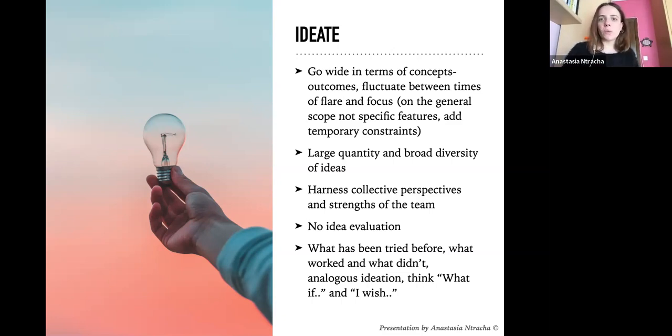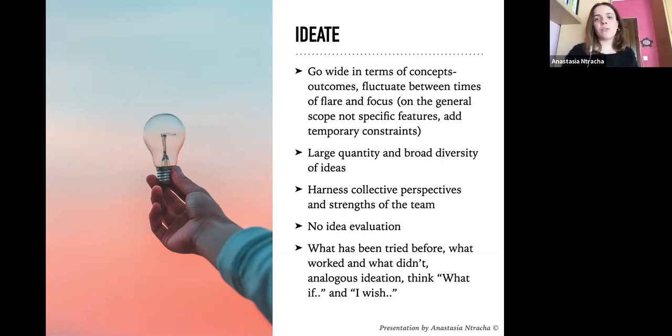So for instance, we started brainstorming on ways with which this product would be created. It could be an application on the phone, it could be a hardware device, it could be incorporated inside a teddy bear. So when we started talking about applications, we then added temporary constraints. What if this family and these parents don't have Wi-Fi? How would that work? And then we started brainstorming how that would work without Wi-Fi.